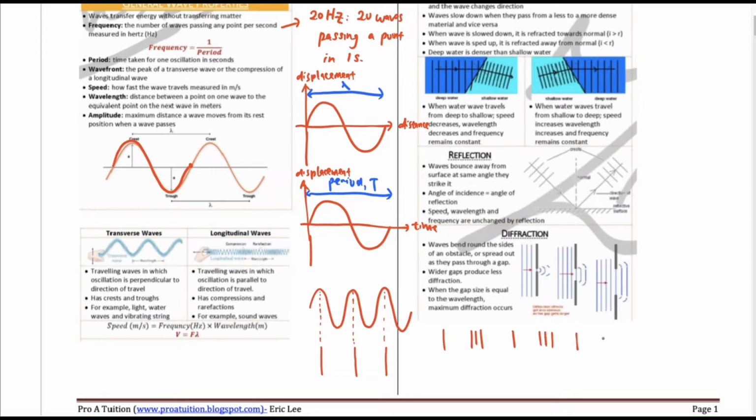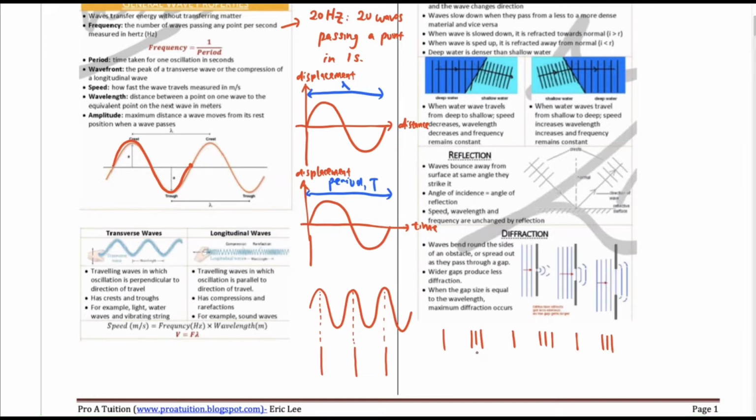You can see certain parts are separated further apart. Certain parts are very close. So this part is called the compression region. And this part is called the rarefaction. Compression, rarefaction, compression. So that is a longitudinal wave.